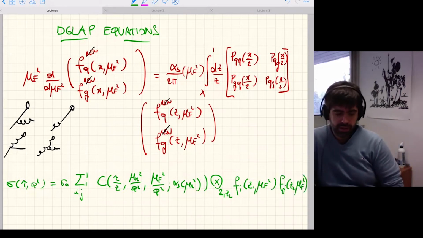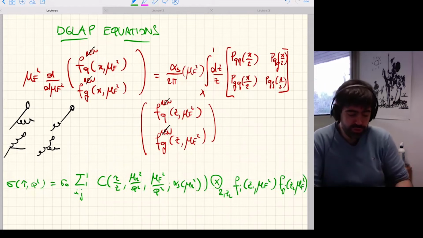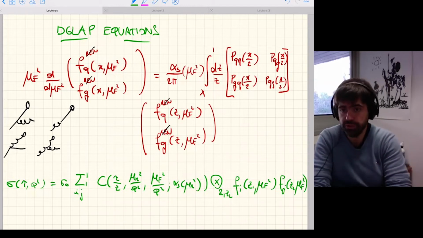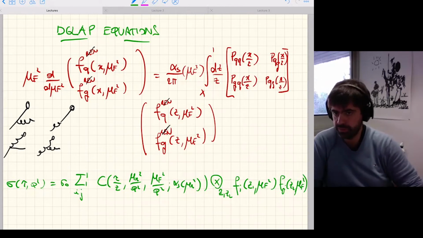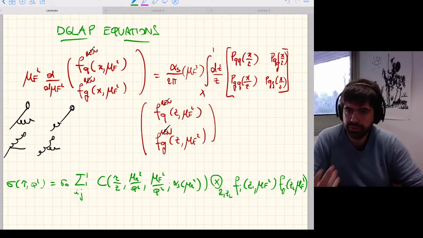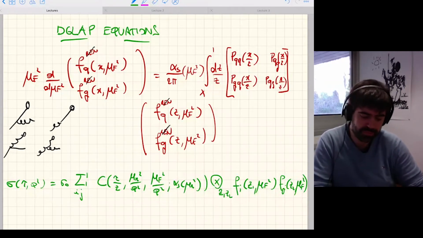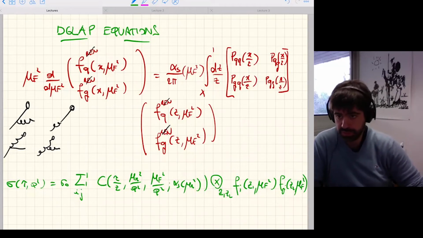The C admits a perturbative expansion in alpha_s. When you do a perturbative calculation at one loop or two loops or beyond, you'll find ultraviolet divergences, which you absorb with the normal procedure, and that's why you get a dependence on mu. And you will find soft and collinear divergences. Some of them will cancel. Some collinear divergences will have to be absorbed, order by order, into the PDFs.